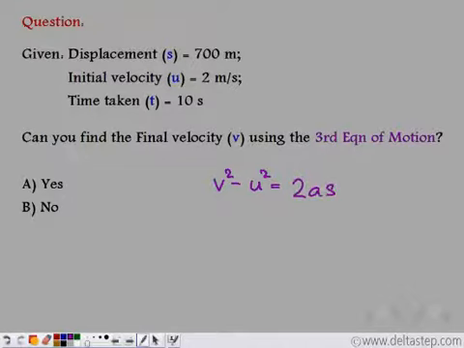We have to find the value of v here. We know the value of u and we know the value of s, but we do not have the value of acceleration. So we cannot use the third equation of motion to find the value of final velocity when we are given these values. So the correct answer is no.